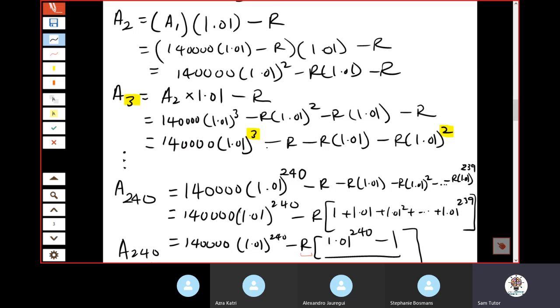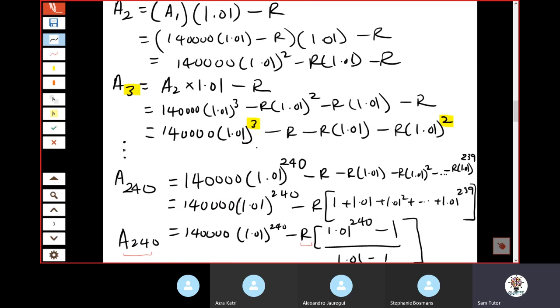So your last line for A3 before you do your A240 is to increase it. Then you just look at your powers. The first one's going to be 3 and a 3, so 240 and 240. The last one ends in a 2, so if it's 240, it has to end in 239.